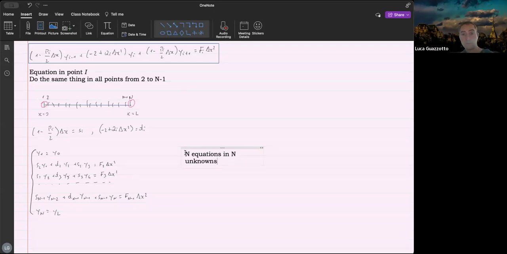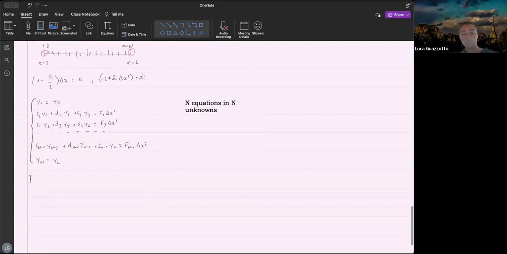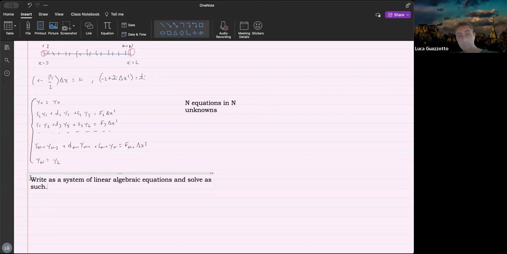So then I can write this as a system of linear equations. Note that these are, of course, linear. So that's option 1.